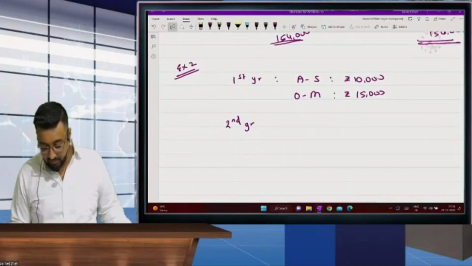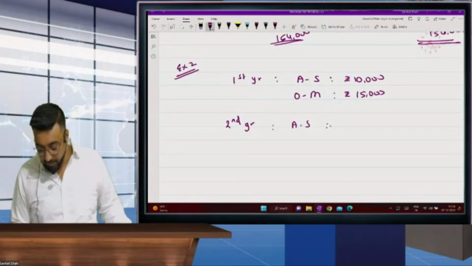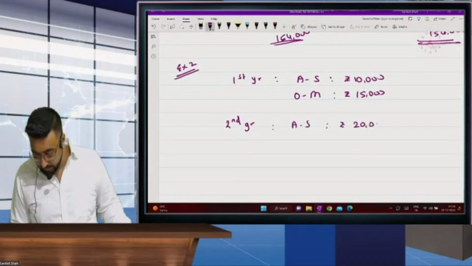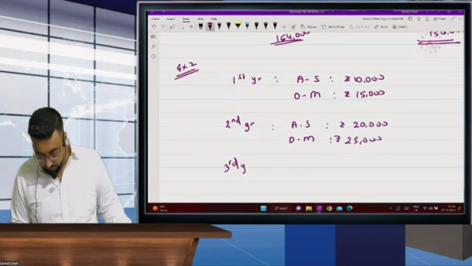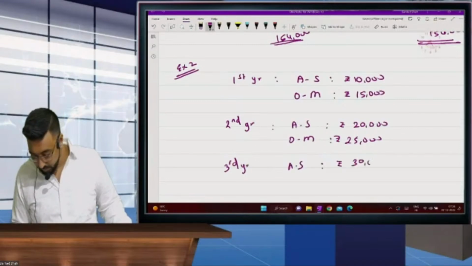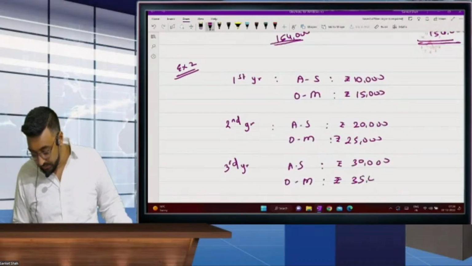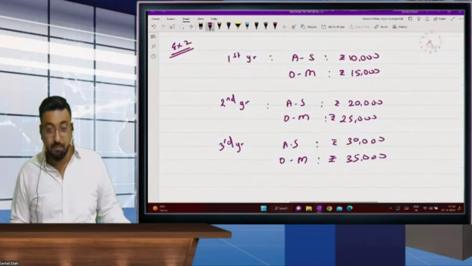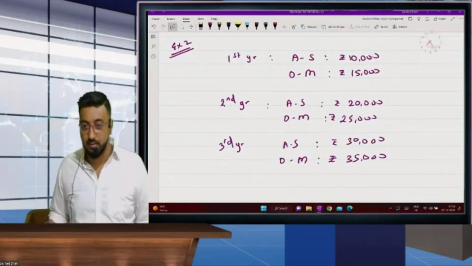Second year, April to September, rupees 20,000. October to March, 25,000. Third year, April to September, rupees 30,000, and October to March, rupees 35,000. Prepare salary account for all 3 years.